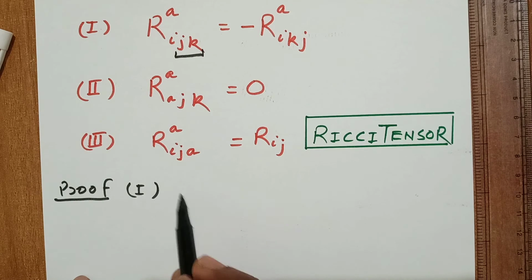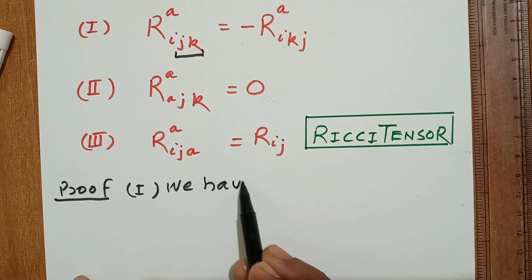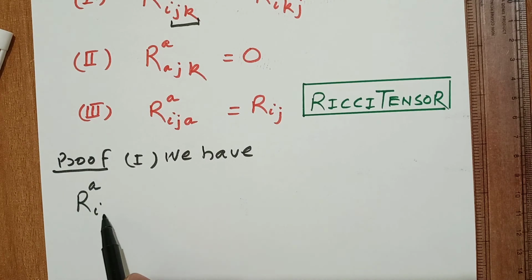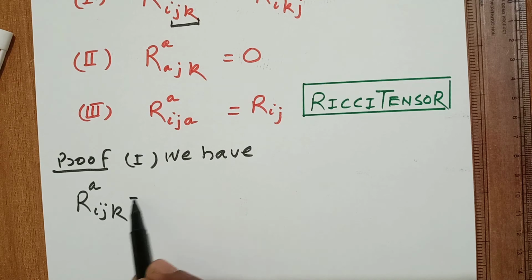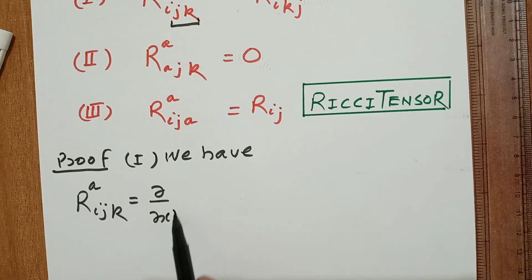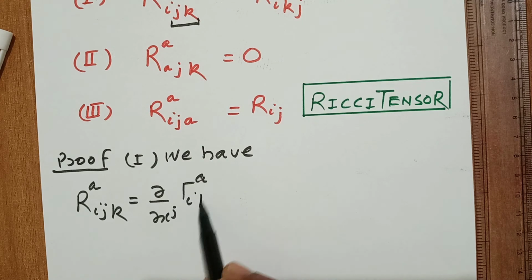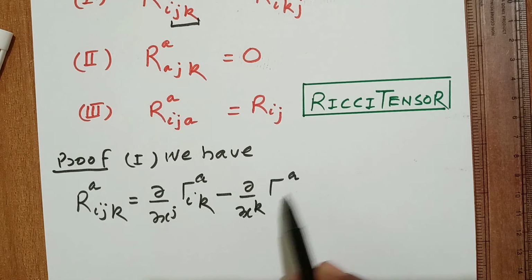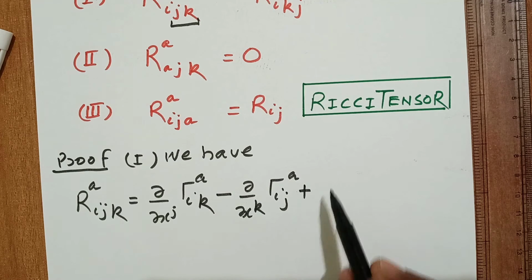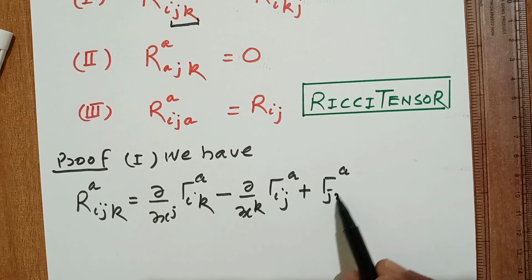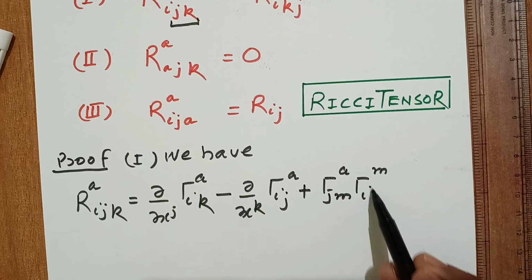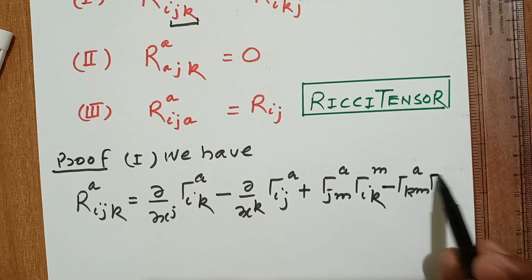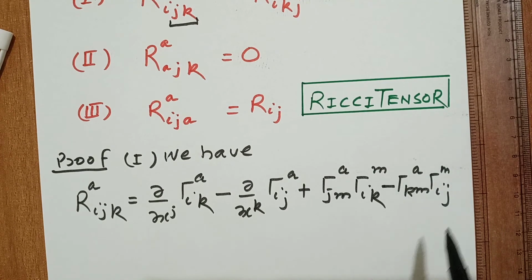We have R^a_{ijk}, and by definition, ∂/∂x^j Γ^a_{ik} − ∂/∂x^k Γ^a_{ij} + Γ^a_{jm} Γ^m_{ik} − Γ^a_{km} Γ^m_{ij}. Here m is a dummy index.